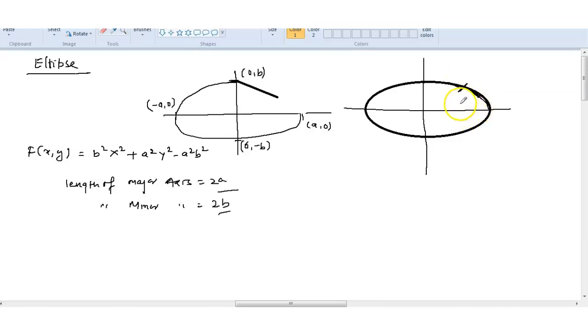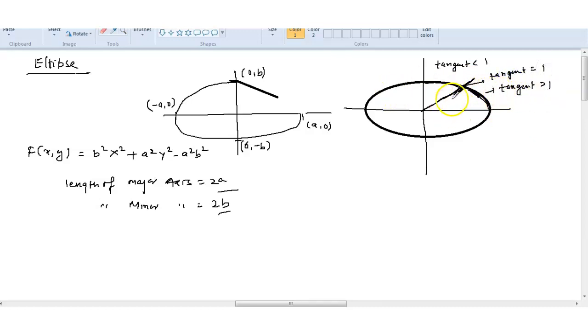So what it means here is that till this point, which is the 45 degree line, y is equal to x line, in this region tan theta, the slope, will be less than 1 in terms of magnitude, and in this region the tangent will be greater than 1 in terms of magnitude, and particularly at this point the tangent will be equal to 1.